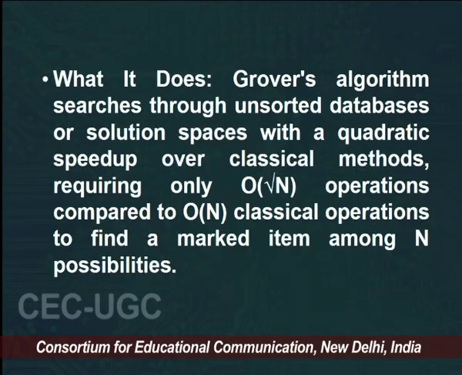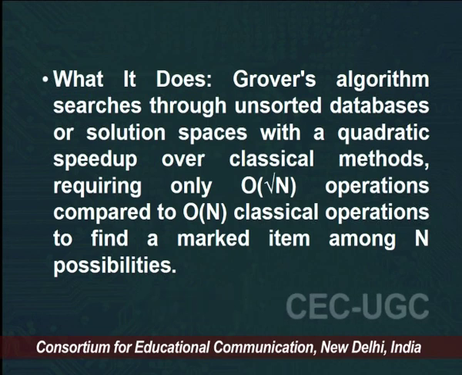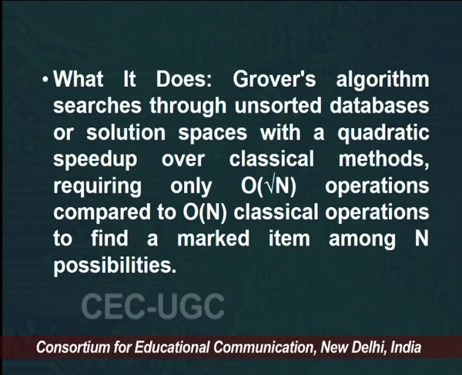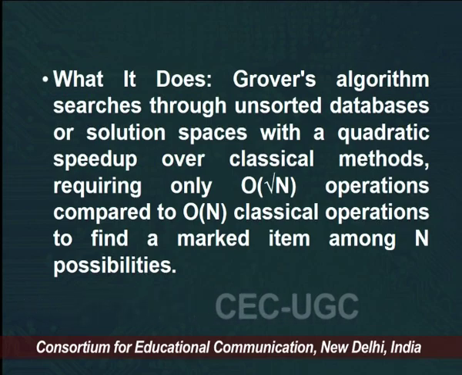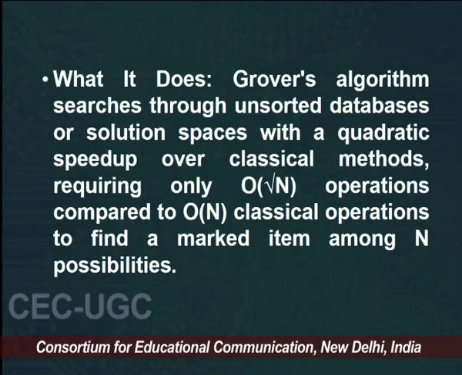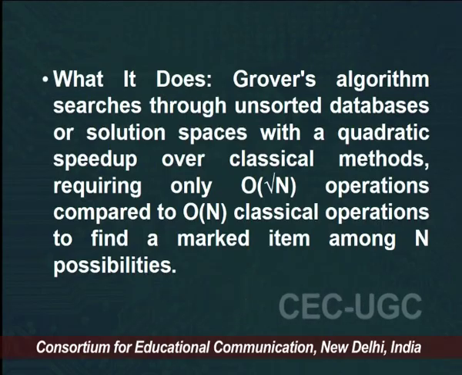So what does it do? The Grover algorithm searches through unsorted databases or solution spaces with a quadratic speedup over the classical method, requiring only O(root n) operations compared to O(n) classical operations.